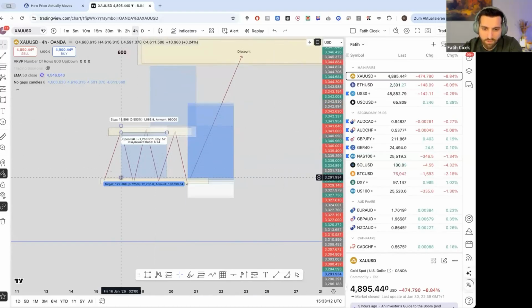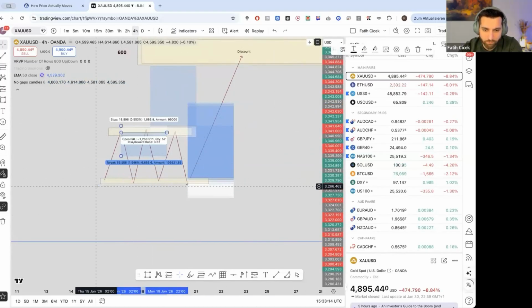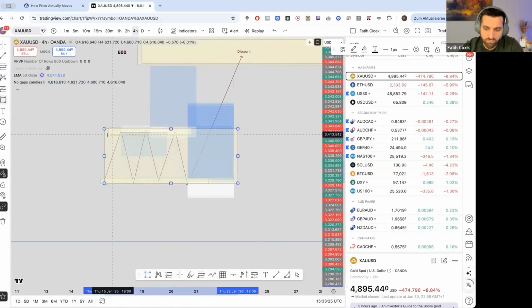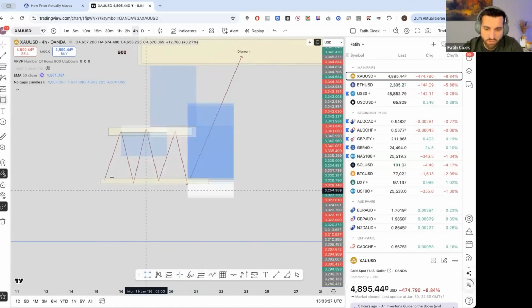The exact same thing is going to happen here at the support zone. So you can just imagine this is our range. The zone above, that's the premium price. This is going to be our discount price. And this is going to entice retail traders to put their positions even at the support zone here.